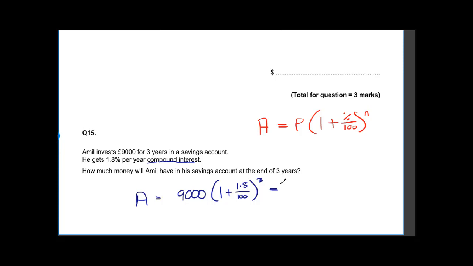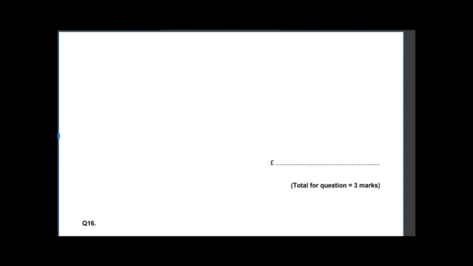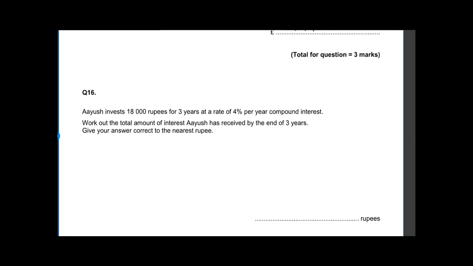And then you multiply that by 9,000. Did they give you how many significant figures or anything? Oh, it's in pounds, so if they don't tell you, go to 2 decimal places. So it's going to be 9494.80. Alright, that's it. And it doesn't get easier than that.